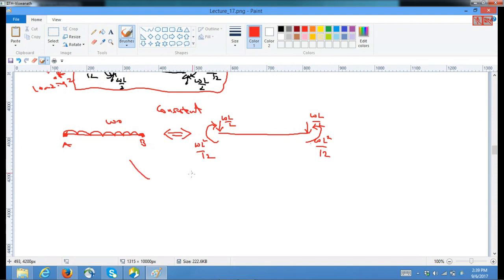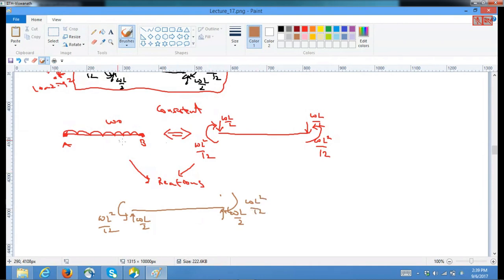So for this one and this one, the reactions are the same. So these two are consistent.